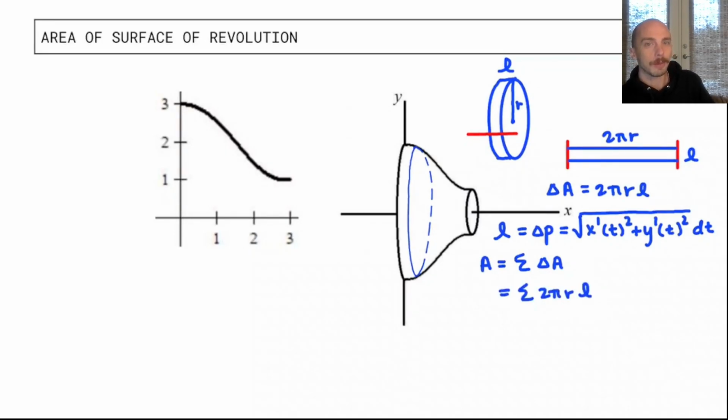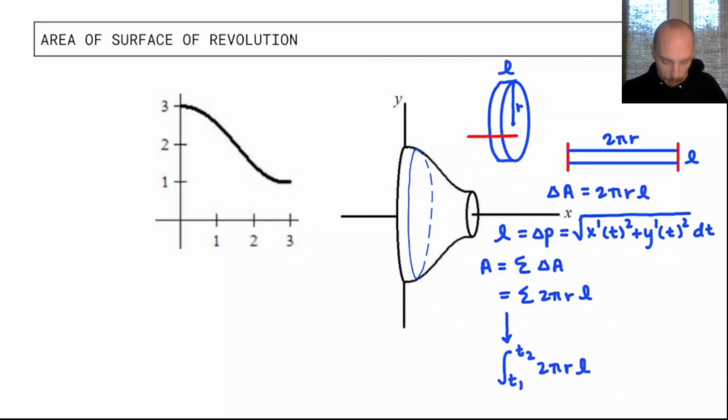And so as the number of those goes towards infinity and their respective widths or lengths are going towards 0, that'll become an integral, and it'll be the integral from t1 to t2 of 2 pi rL. And I like this formula a lot. It's the most general, because we could do this around the x-axis, but we could also do it around the y-axis. I'm not saying that a person couldn't do this around a different axis, but we're just not going to do that in our class.